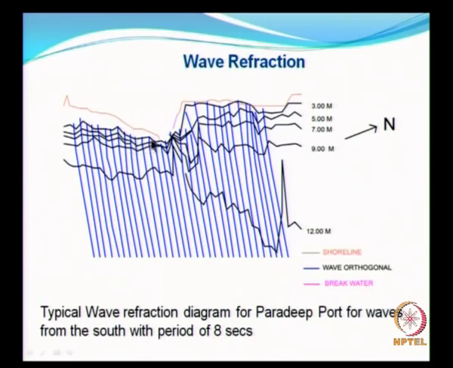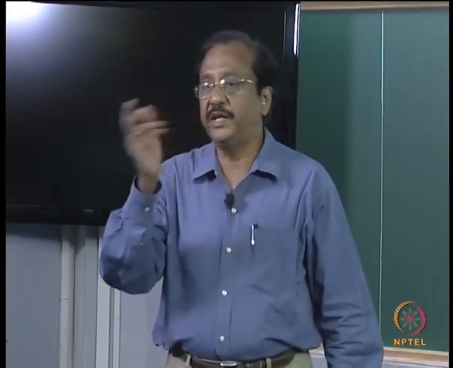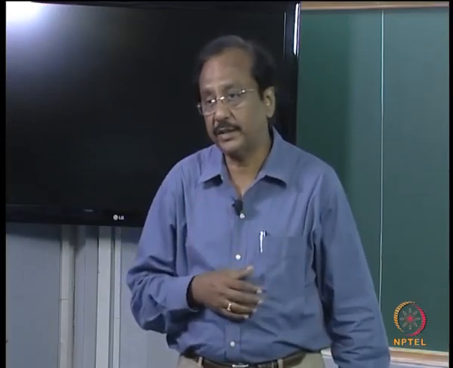So you can try to find out whether there are zones of erosion. When it is convergence, you have erosion, right? So you can find out the zones of erosion and deposition along the coast. There are also some basic calculations through which you can calculate how much sand is removed and how much sand is being deposited.